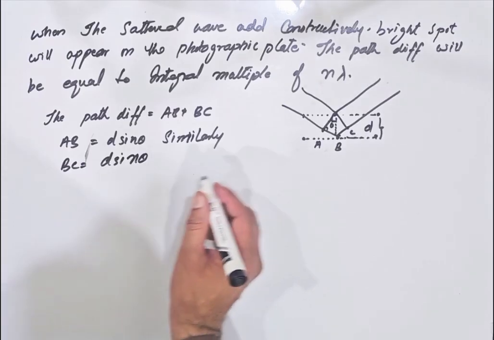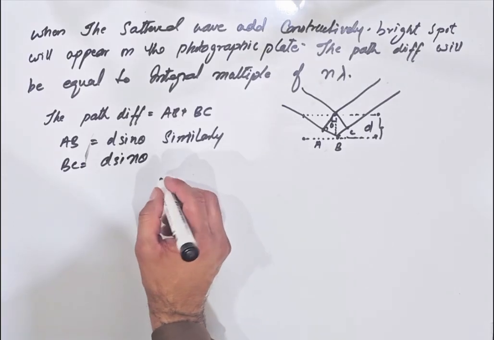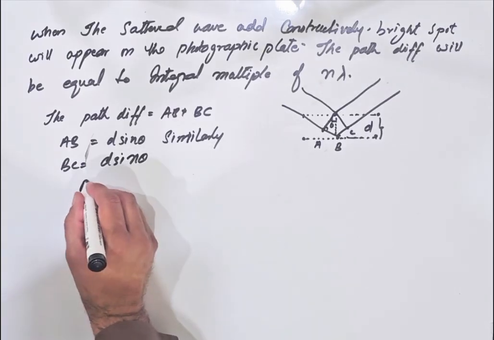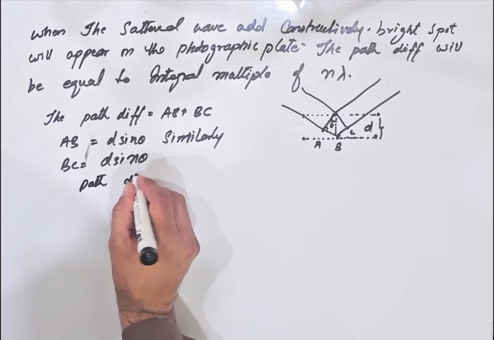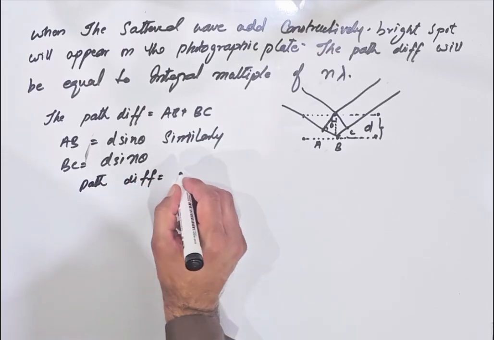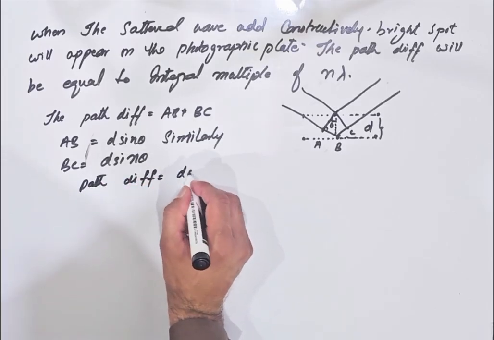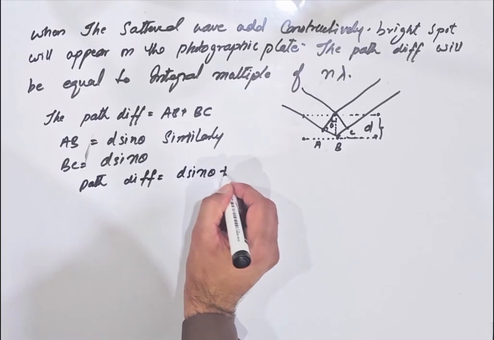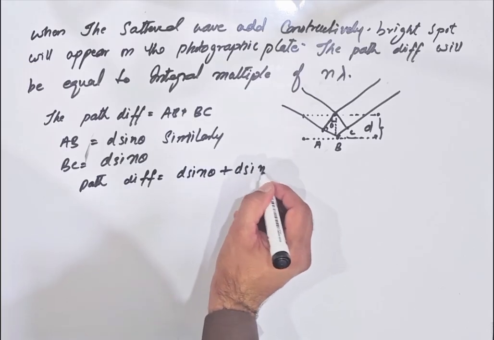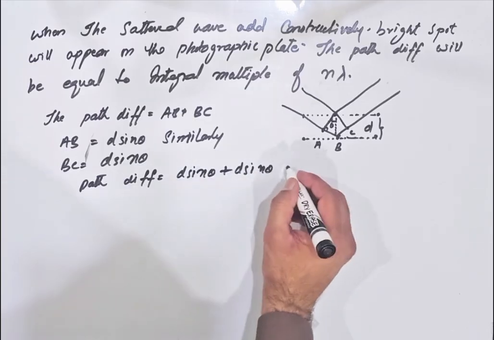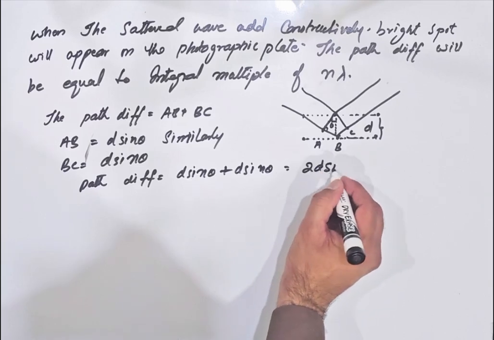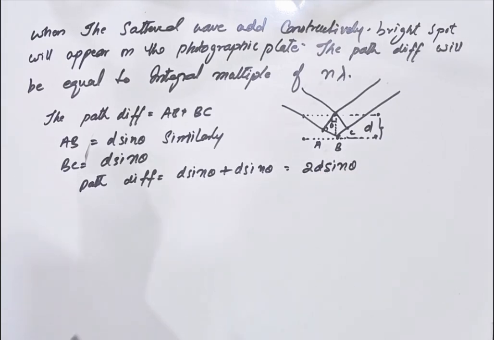The total path difference is d sine theta plus d sine theta, which is equal to 2d sine theta.